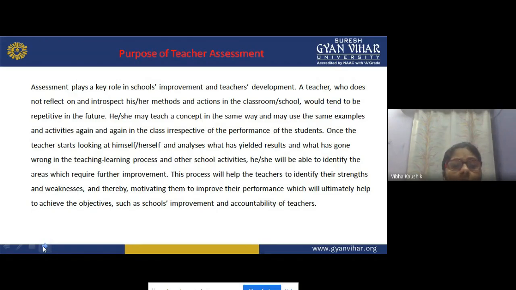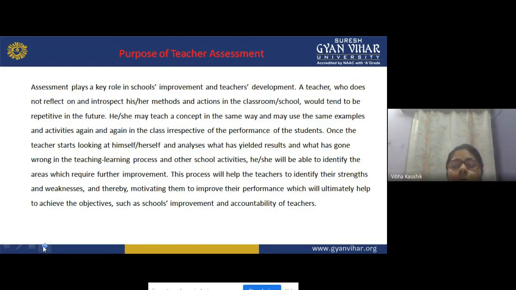Once the teacher starts looking at himself or herself, introspecting and analyzing what has yielded results and what has gone wrong in the teaching learning process and other school activities, they will be able to identify the areas which require further improvement. What are the areas where I have to improve as a teacher?